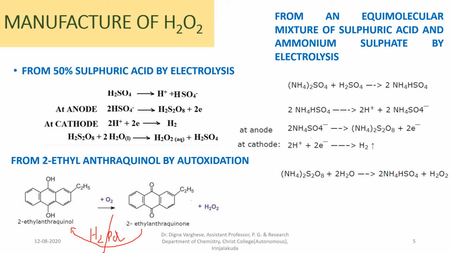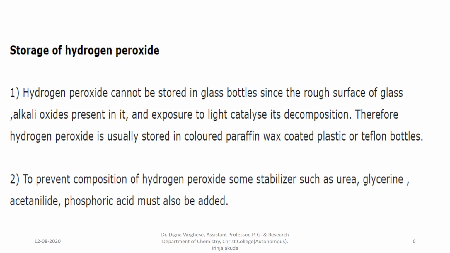Anthraquinone is converted into anthraquinol, which can be used again for more production of hydrogen peroxide. Here we will get 1% hydrogen peroxide by this method. These are the three methods used for the manufacture of hydrogen peroxide.